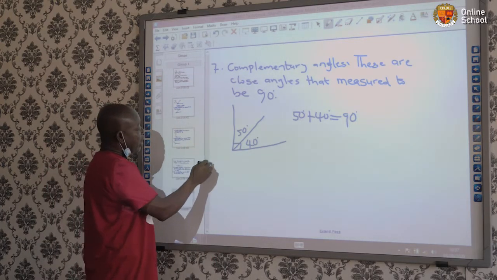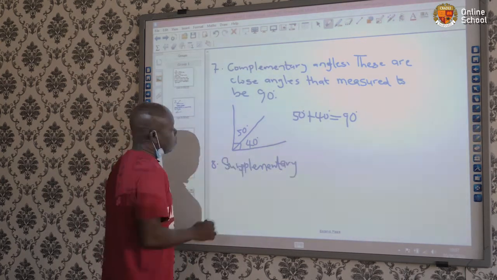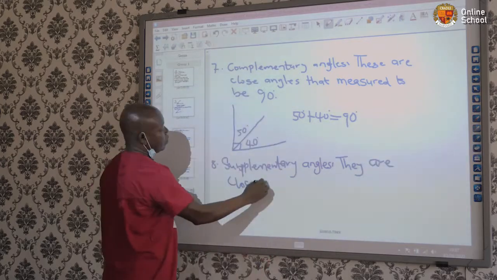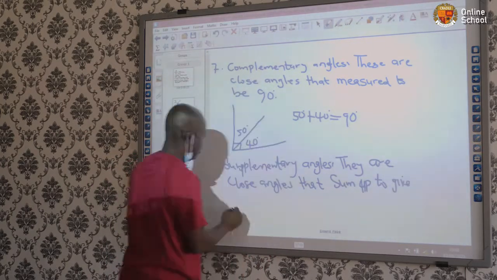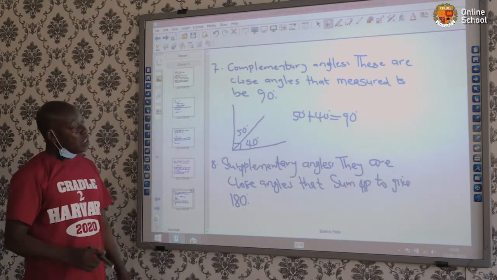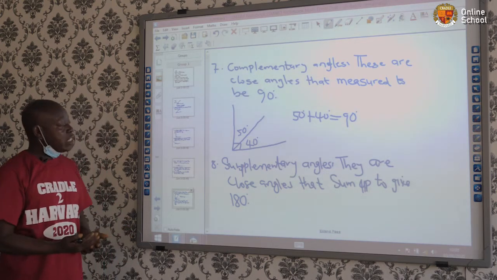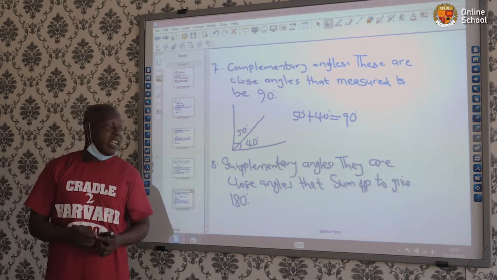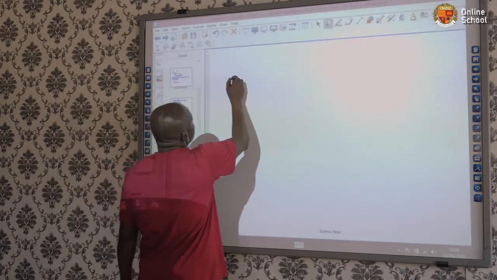This moves us to the last part, number 8. They are close angles or adjacent angles that sum up to give 180 degrees. See how the diagrams look.